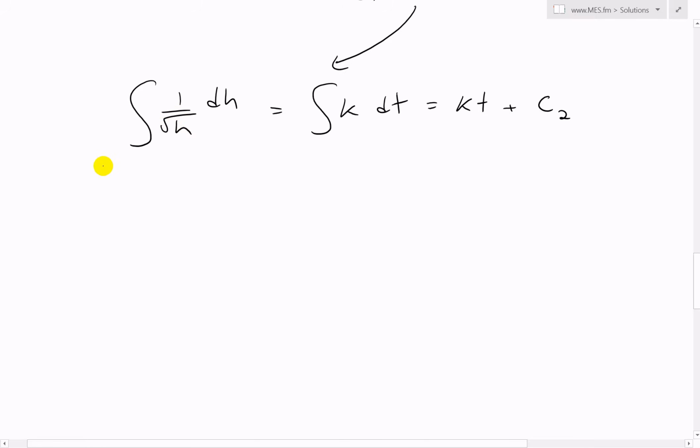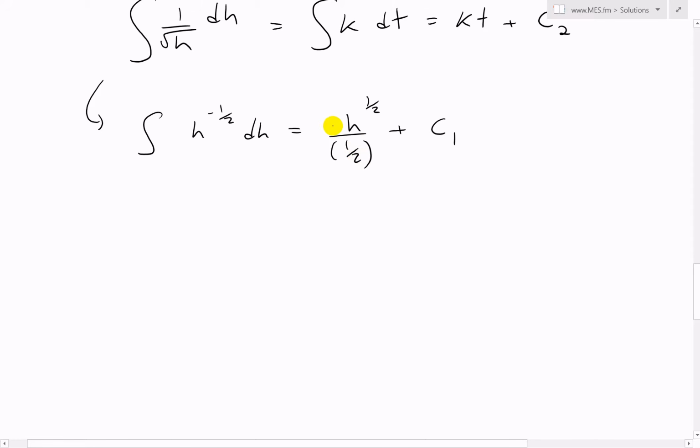Now this one here, I'll simplify it, it's easier to find the integral of. This is the same thing as writing h to the power of negative 1/2 dh. Its integral: we add 1 to the power, so negative 1/2 plus 1 gives h to the 1/2, and then we divide by this new power, so 1 over 1/2, plus the integration constant c1.